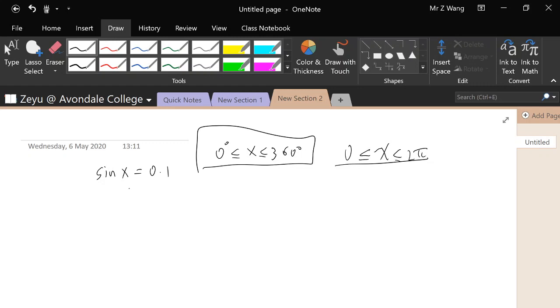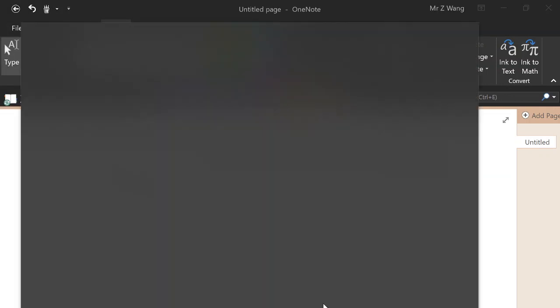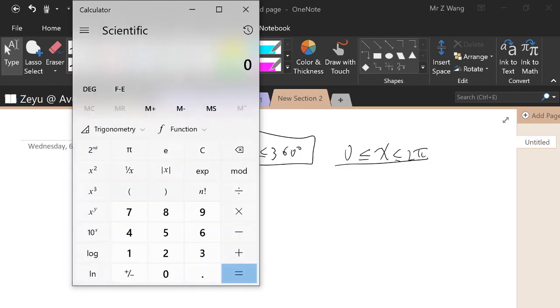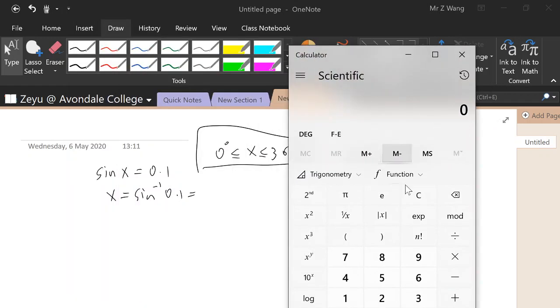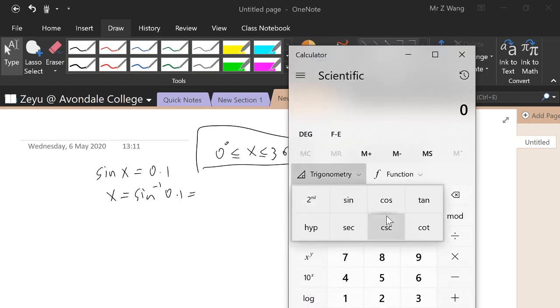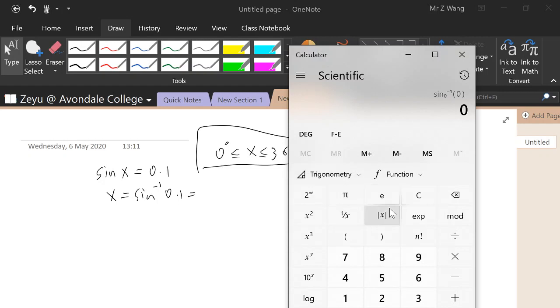This is an easy question. You would solve x equals sine inverse 0.1, and then you just press the calculator. Sine inverse. Let's try.